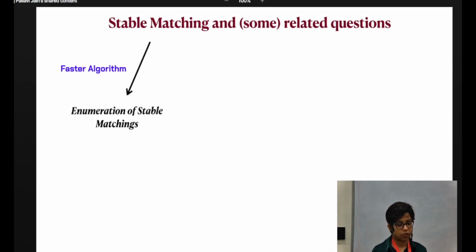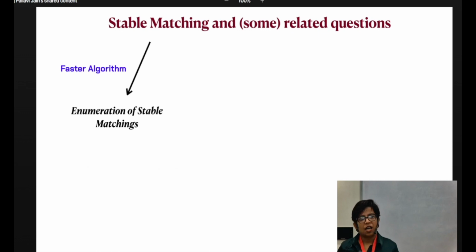A stable matching, and this was known fairly early on, can rather easily be shown to have an exponential number of solutions, meaning a given instance of stable matching can have as many as 2 power n stable matchings. So we can't possibly enumerate these stable matchings in polynomial time because there are just too many.